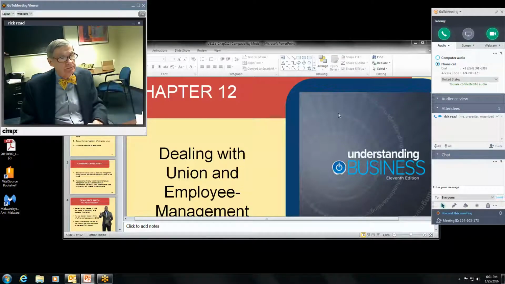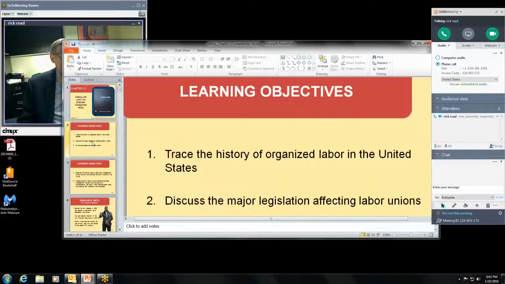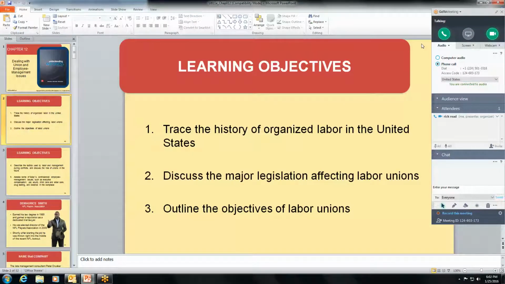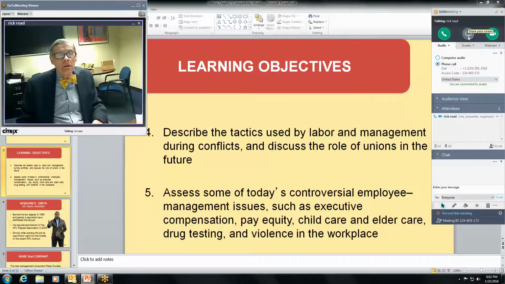All right, dealing with union and employee management issues. Learning objectives: trace the history of organized labor in the U.S., discuss major legislation affecting labor unions, outline the objectives of labor unions, describe the tactics used by labor and management during conflicts, and discuss the role of unions in the future.